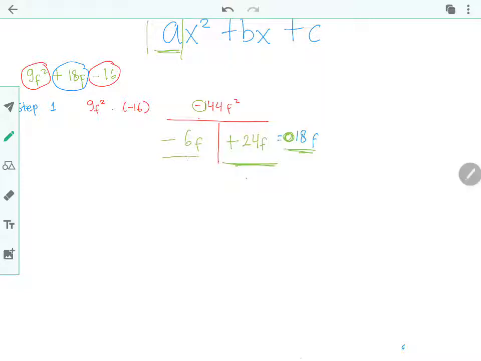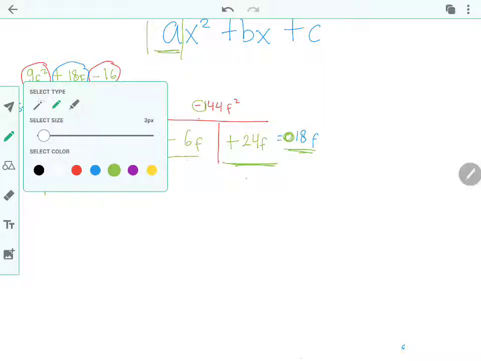Now let's go to step 2. In step 2, you just need to rewrite it. You need to look at the question again.